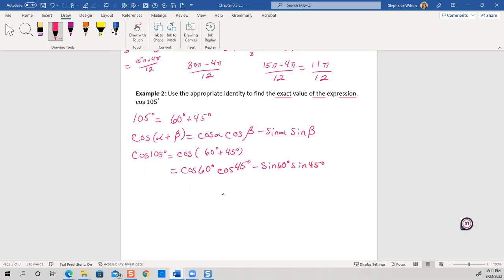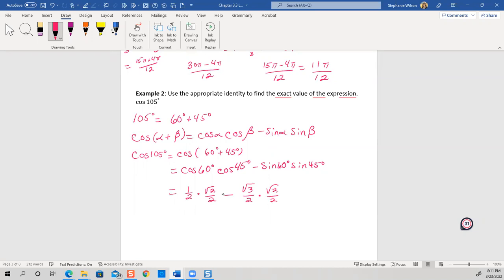Okay, and then you can go back to the unit circle to figure this out. Cosine of 60 degrees is a half. Cosine of 45 degrees is square root of 2 over 2, minus sine of 60 degrees is square root of 3 over 2, times sine of 45 degrees is square root of 2 over 2.